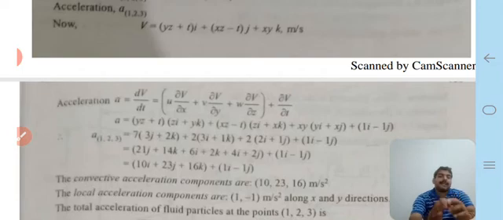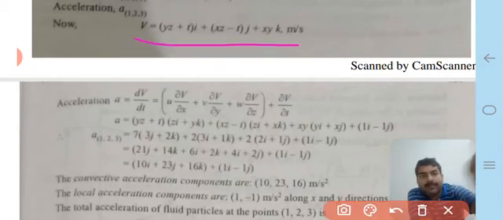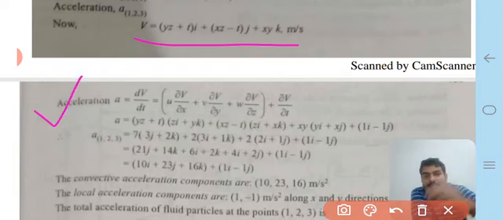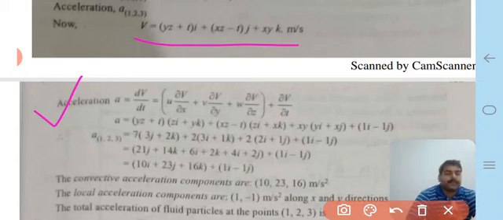Therefore, the acceleration at the point 1, 2 and 3. The velocity in the equation is V equal to yz plus t i plus xz minus t j plus xy k meter per second, as given in the question. We know that acceleration a is equal to dV upon dt, the derivative of the velocity with respect to time t.